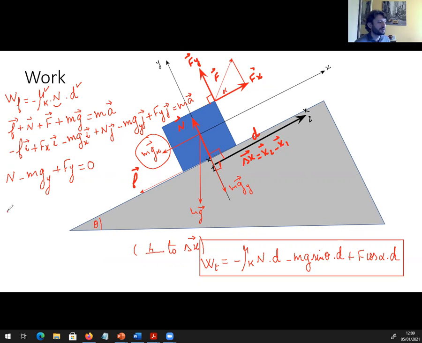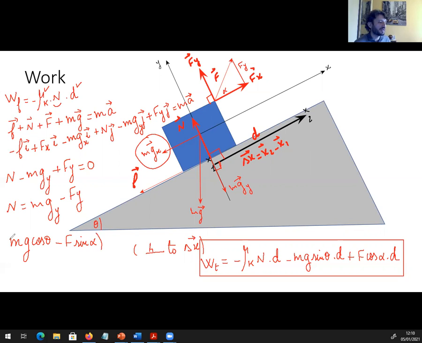So n equals mgy minus fy. You know, mgy in this case equals mg cosine theta, so n equals mg cosine theta minus fy. Here fy equals f sine alpha.